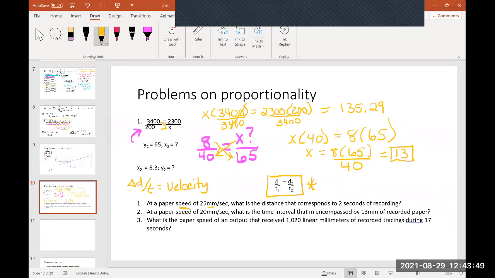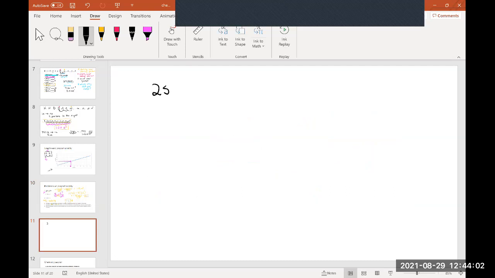Here we have our distance, millimeters, over time, seconds. So we want to know if we have a paper speed of 25 millimeters per second, how far will we go if we travel for 2 seconds in time?